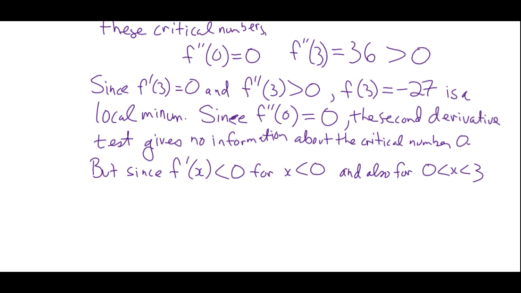But since f prime of x is less than 0 for x less than 0, and also for x between 0 and 3, the first derivative test tells us there is no local maximum in there.